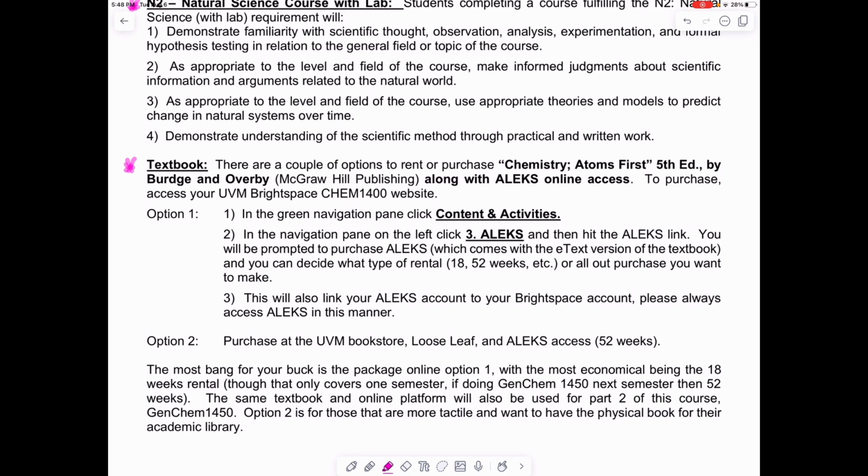In order to do that, please follow these 3 steps in terms of purchasing the e-text through ALEKS. In Brightspace, go to the green navigation pane and click Contents and Activities.